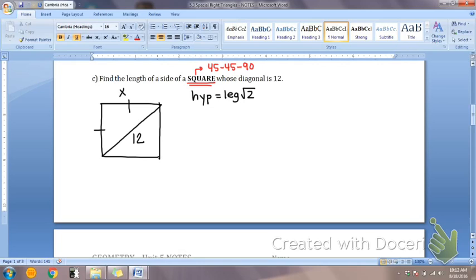Always. Now in this example, we know the hypotenuse. So how much is our hypotenuse? 12. That's going to go in here for my hypotenuse. Do we know how much the leg is? No, we called it what? X. How are we going to get x by itself?